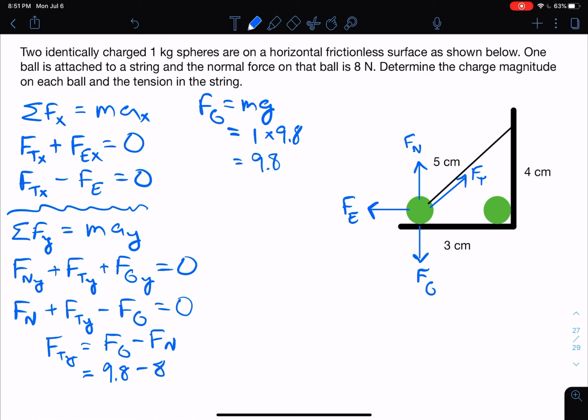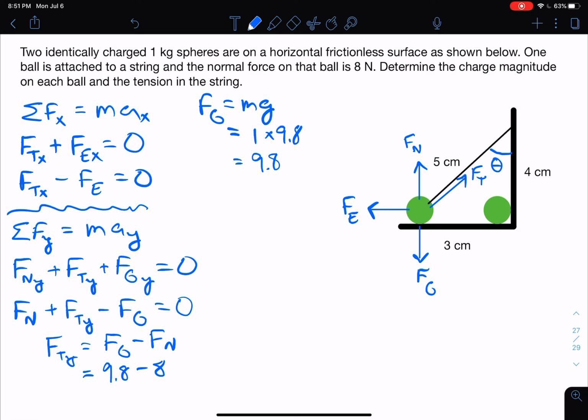And I'm going to do a little vector analysis here for my F_ty. Okay. The y component, so if I am interested in this angle, I'll use this angle here. I'm going to call that theta. Okay.